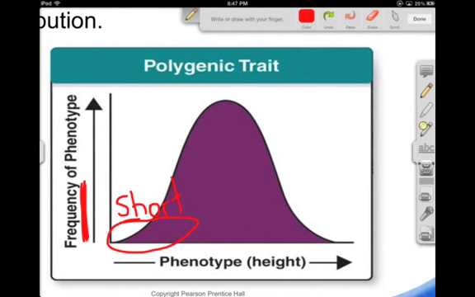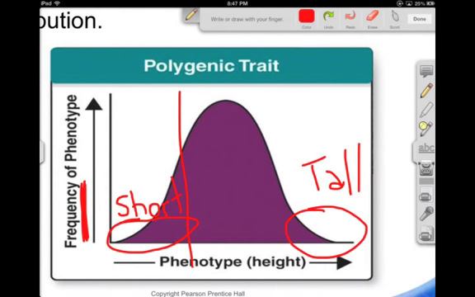I mean, there's some, but they make up sort of the minority. And the tall freaks, and we mean that in the nicest way possible, right, are really tall people. Yeah, you don't see a lot of them. But what you do see in between is kind of what we call the average. And I like to say it takes all types. These types on the ends are not as frequent as what you see in the middle.